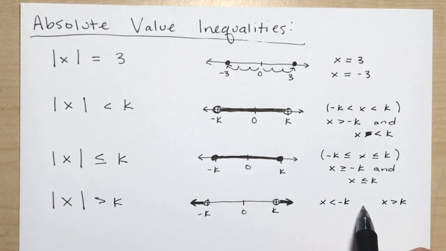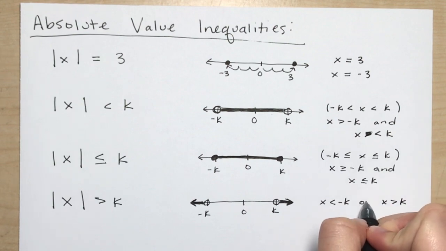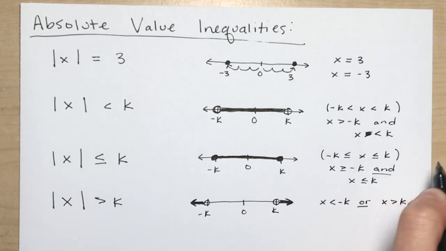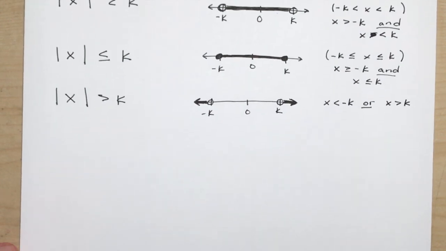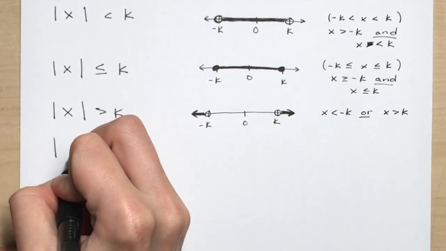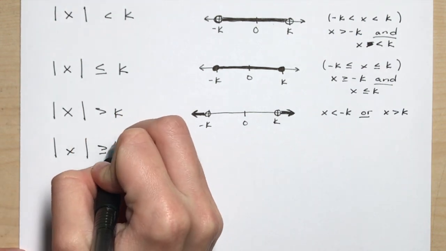Here, we can't say and for these. There's nothing that is both less than negative k and greater than positive k. So in this case, we have to specifically say or. It's important that we say and here and or here. How does this change if x is greater than or equal to k?